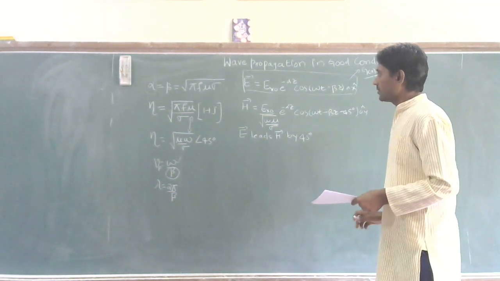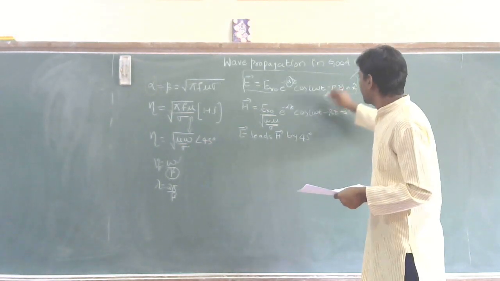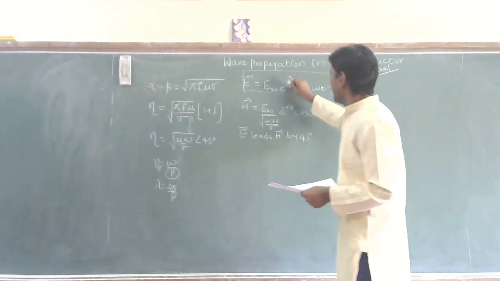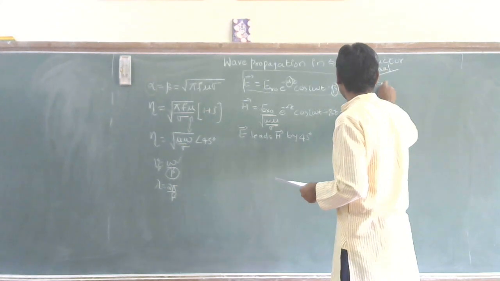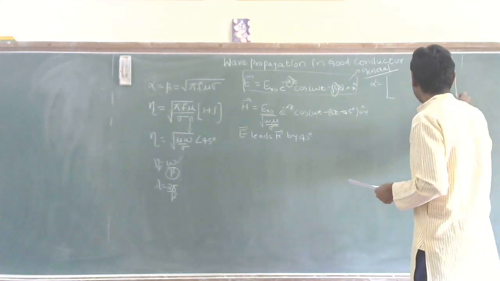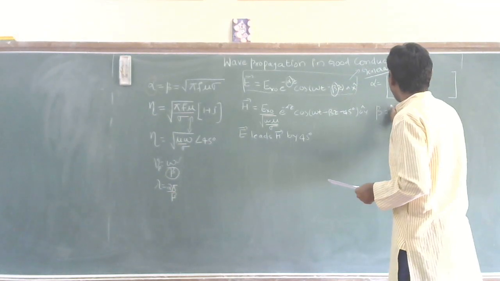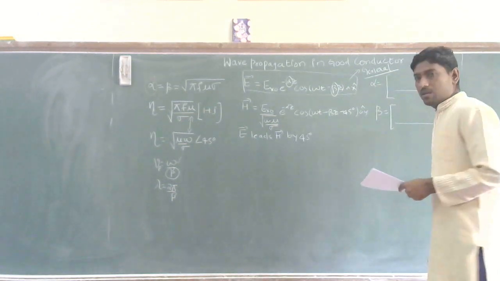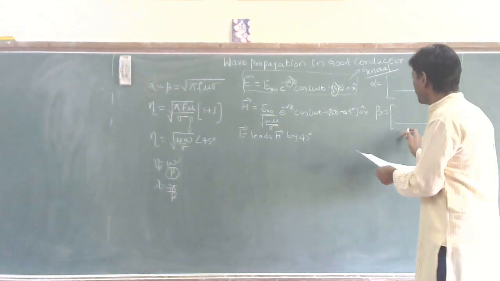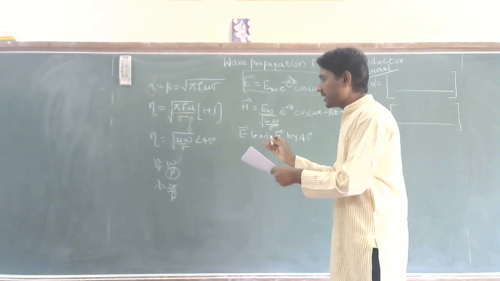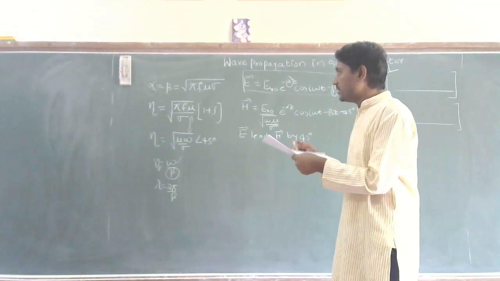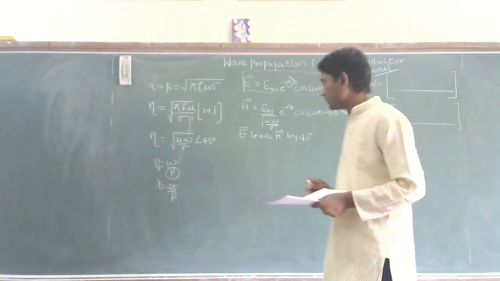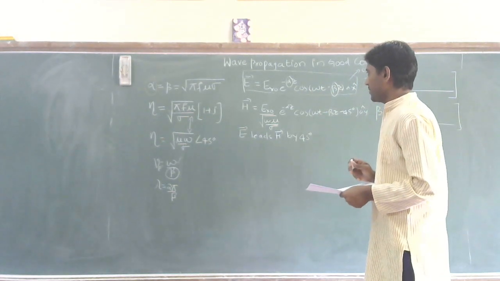The only thing is, these parameters will change with respect to their expressions. For a general medium, we have alpha given by quite a big expression. I hope you remember we have derived this, and even beta has a big expression. But as I apply the same thing for a good conductor and good dielectric, they reduce and approximate to the simplified expressions as shown here. So in that sense they will change.